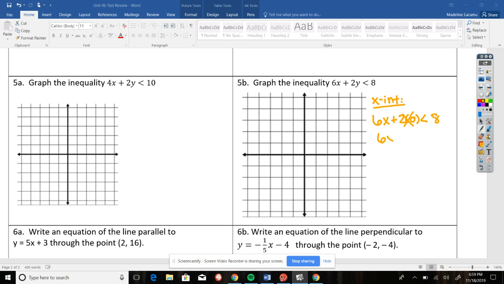And I get 6x is less than 8. So I would have x is 8 over 6, which simplifies, if we divide both of those by 2, to 4 over 3. So that means our x-intercept would be at 4/3, which is in between 1 and 2. So we're just going to estimate that it's about right here.